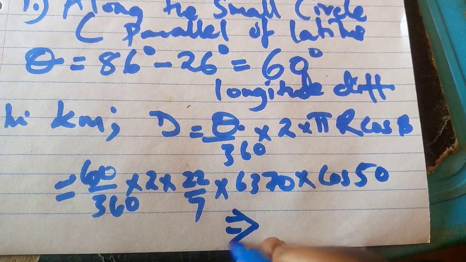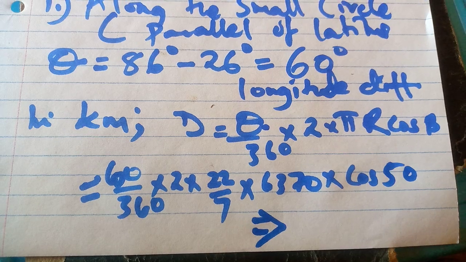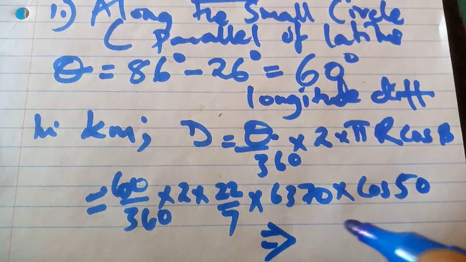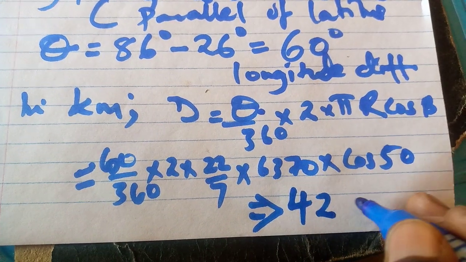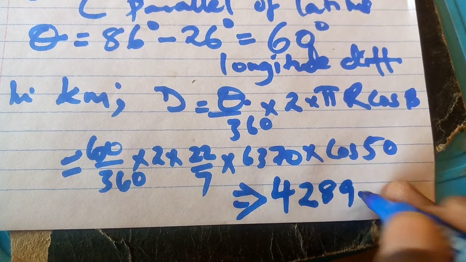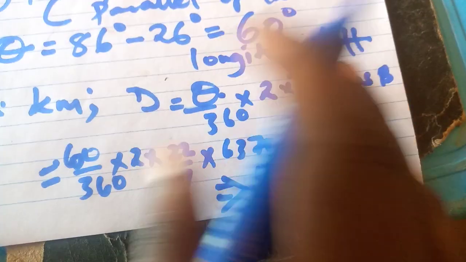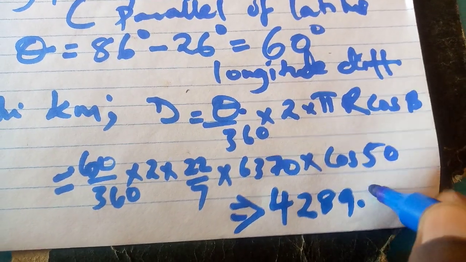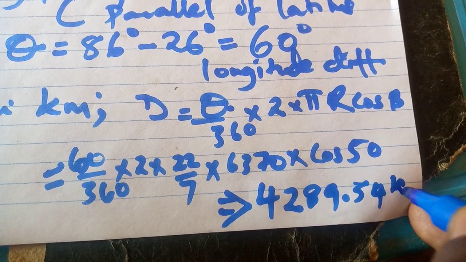Computing that very fast, if you have a very nice calculator, you're going to have our answer as 4289.54 kilometers.